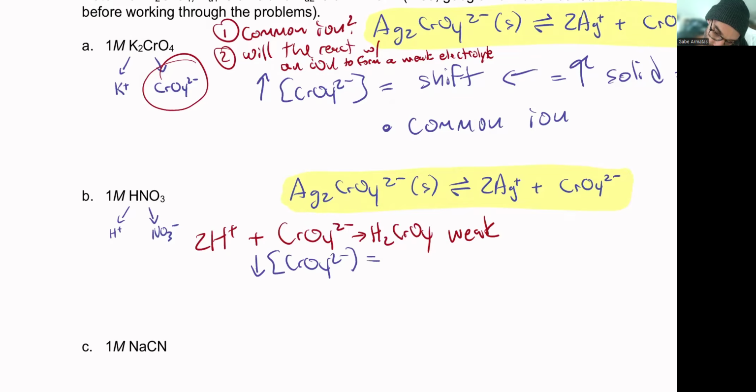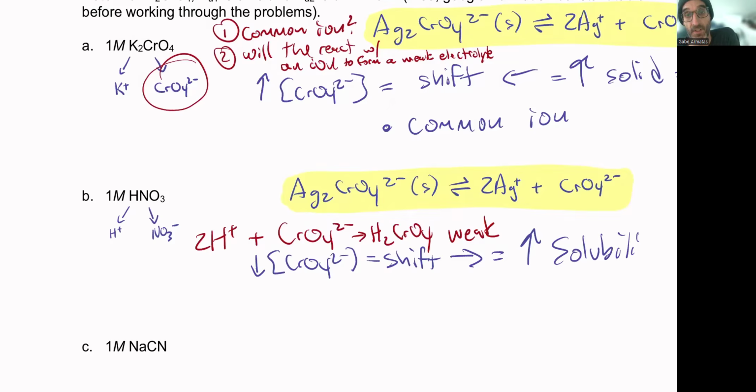This means we have to shift to the right to replace what we lost, which means a decrease in the amount of solid, which means an increase in solubility. Why? Because the formation of that acid ultimately leads to losing chromate, and therefore we need to shift to the right.